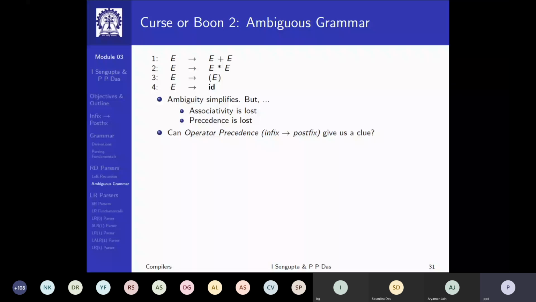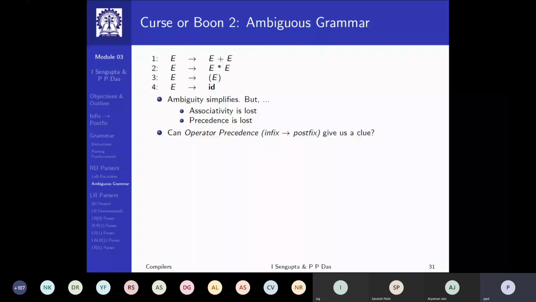Now this makes it ambiguous, because if I have expression 1 plus expression 2 plus expression 3, I do not know, according to this grammar, according to the first tree, which plus to do first.